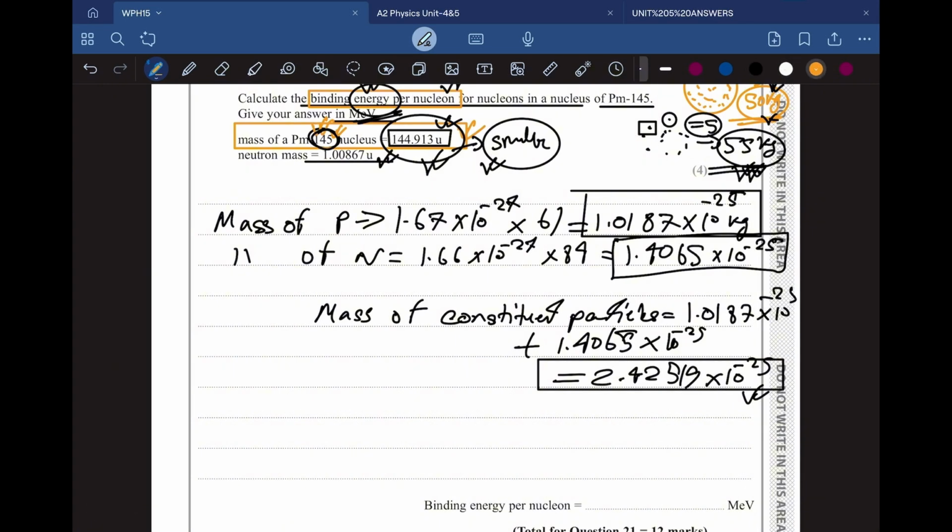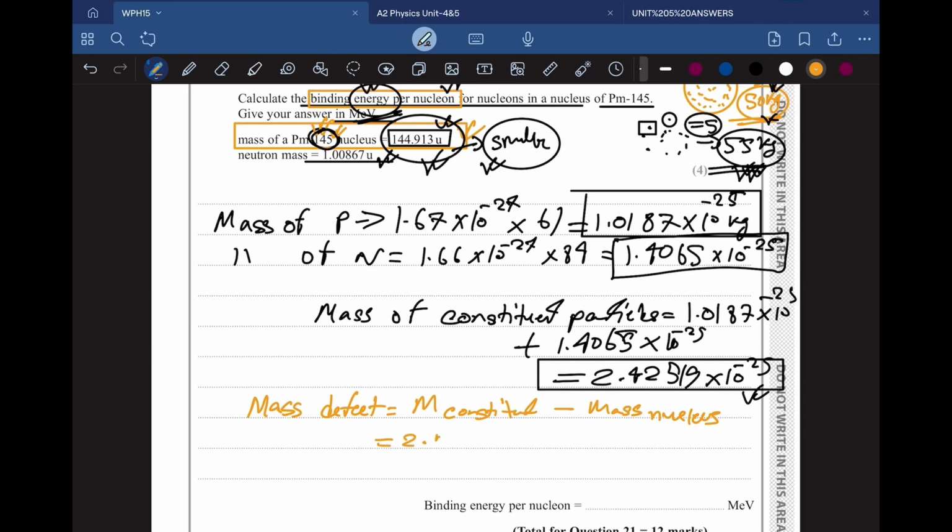So mass defect is equal to mass of constituent particles minus mass of the nucleus.